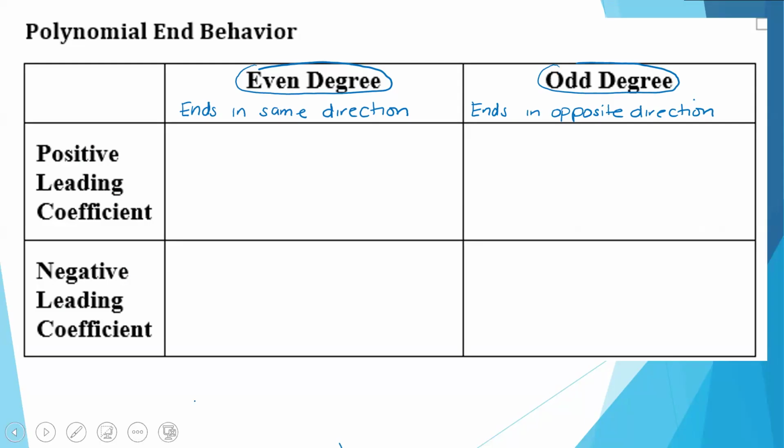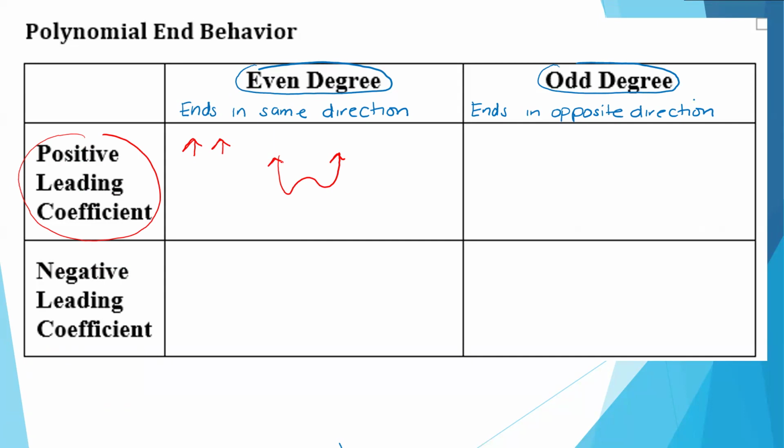Okay, so this just summarizes what we did on the other problems. So even degree and positive leading coefficient, right? If it's even, it's the same direction, and it's positive, what are we going? Up, up, right? So this would be an even degree with a positive leading coefficient.